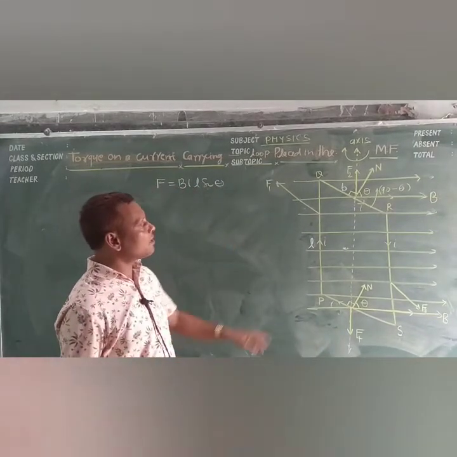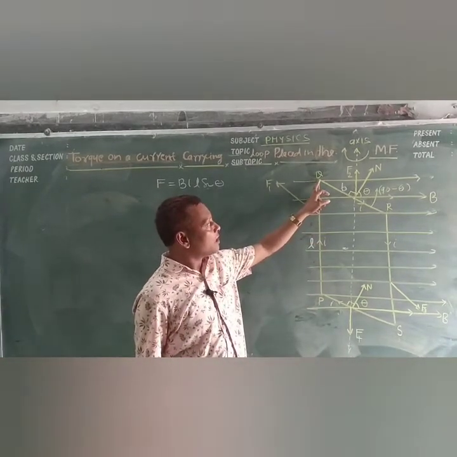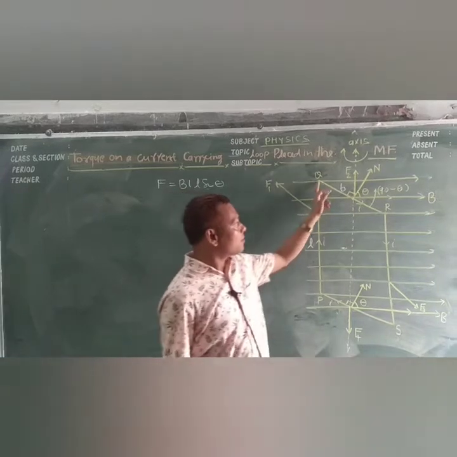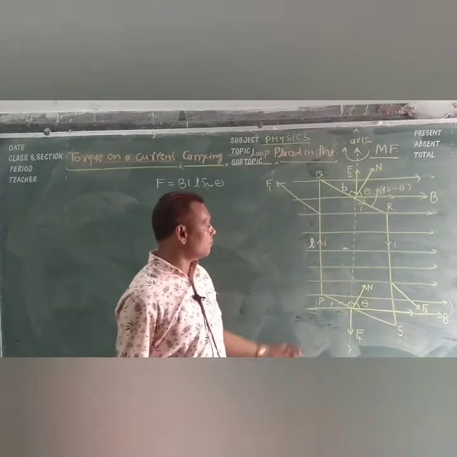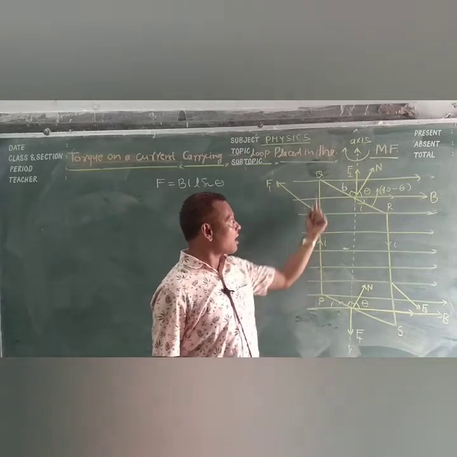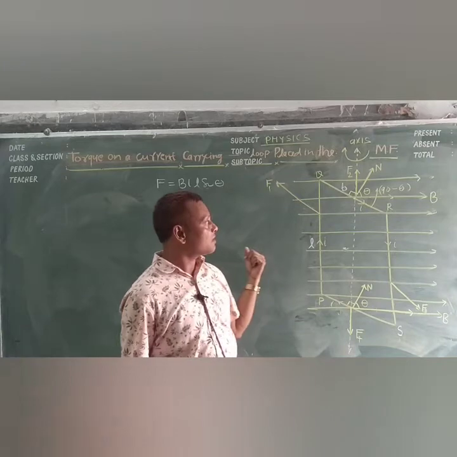Suppose L is the length of the rectangular loop, B is the breadth of the rectangular loop, and current I is flowing through it.